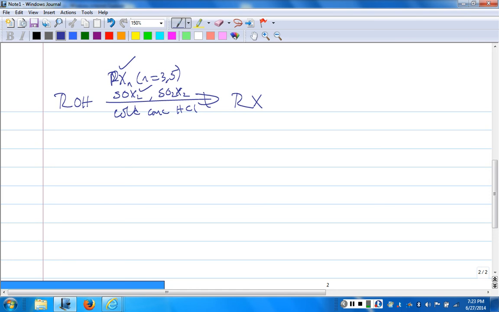One of the other ways in which you can convert alcohols into good substrates is by reacting the alcohol with what I'll write as Z-SO2Cl. And that converts the alcohol into what's called a sulfonate ester.